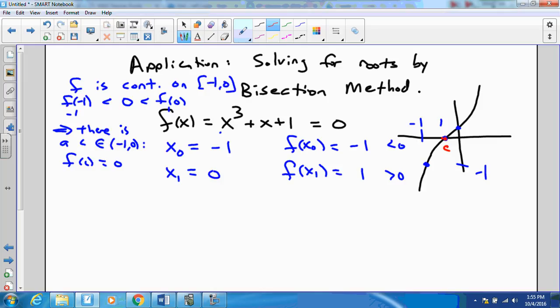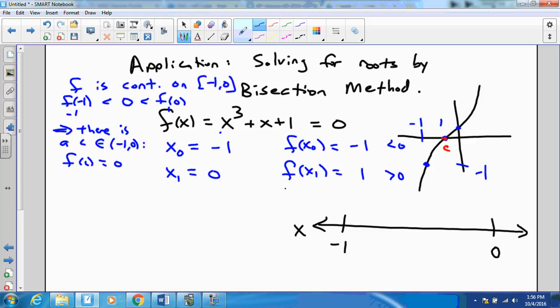And the way in which I'm going to do better is by a method called bisection. So watch. Let's take our real line from -1 to 0. And these are going to be our x values. And I'm now going to keep track of the sign of f of x on different values.